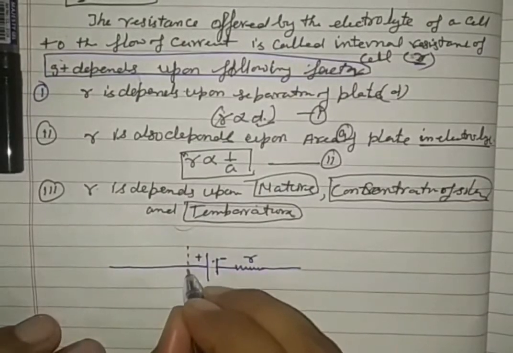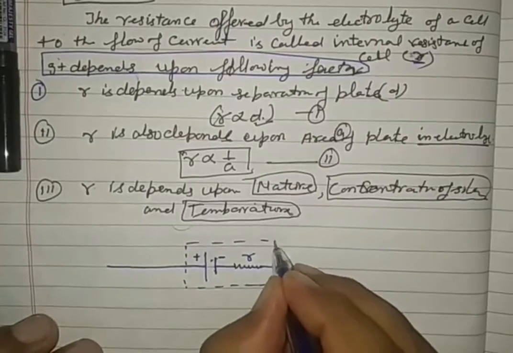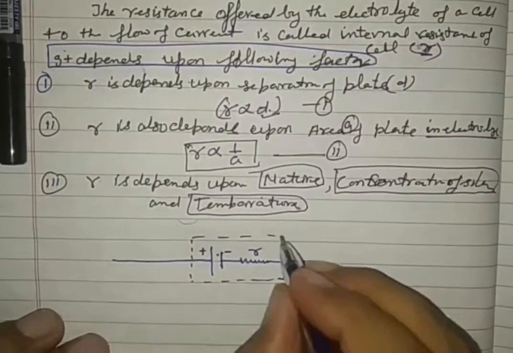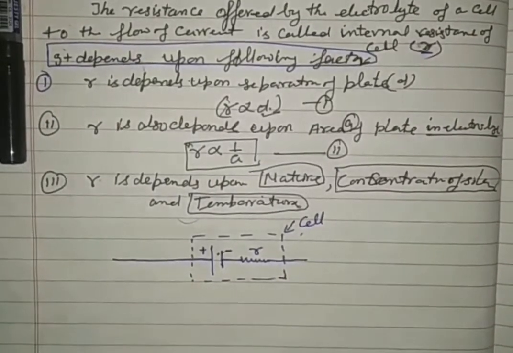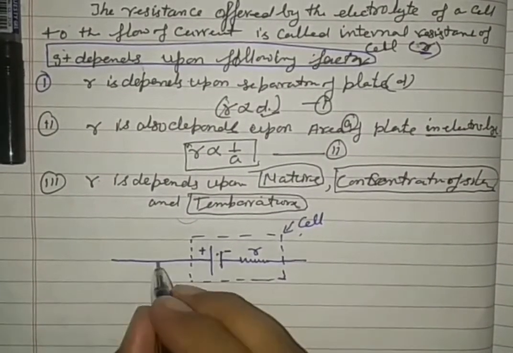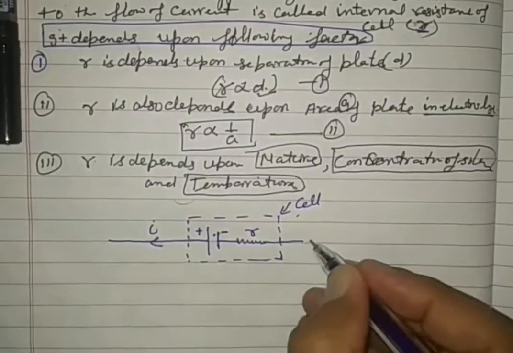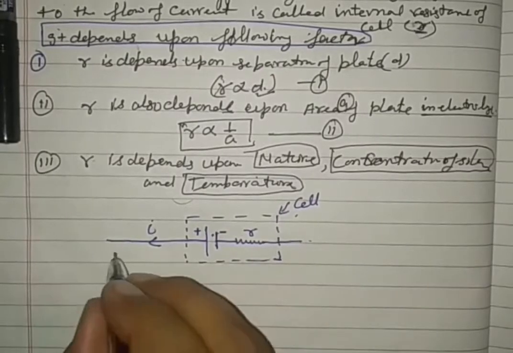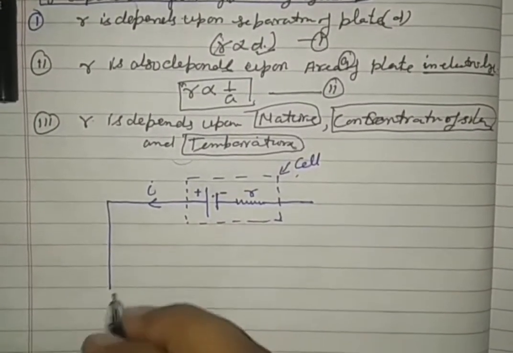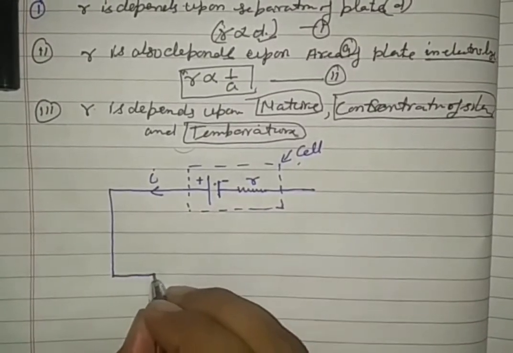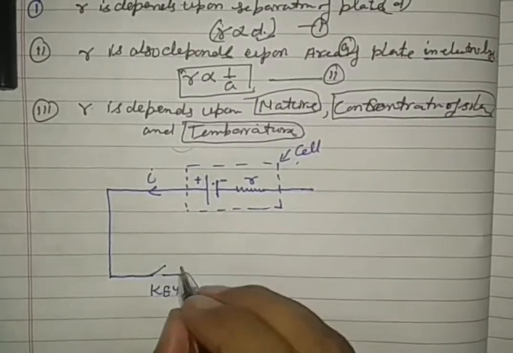See the dotted box: this total dotted box is known as a cell, right? Current always emerges from the positive terminal and sinks into the negative terminal in a closed circuit. Here in this closed circuit, it is connected with a key. This is the symbol for a key.